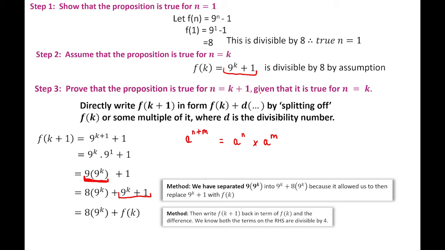This gives us 8 times 9 to the power of k plus f(k). So we know that f(k) is divisible by 8, and we can see that our remainder is also divisible by 8. So your remainder, this value, your remainder d, must be divisible by 8 also.